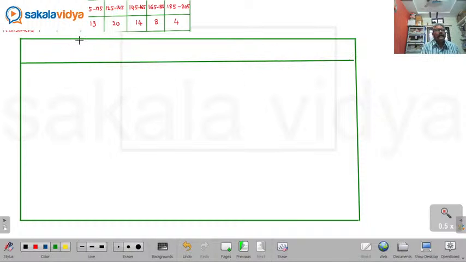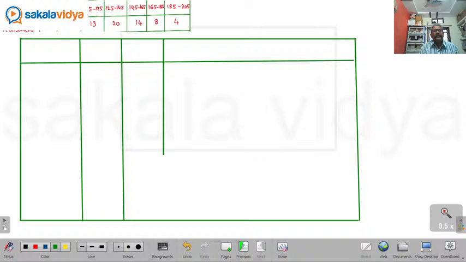This is the class interval. This is the frequency. First, for the median we need less than cumulative frequency.